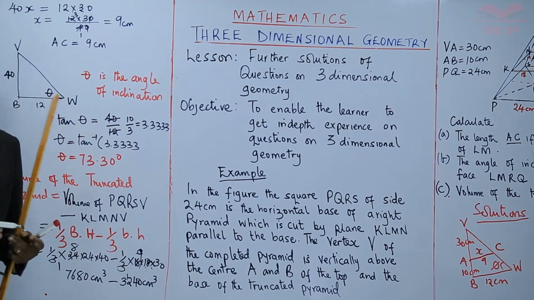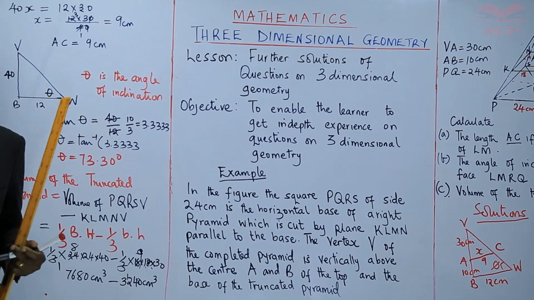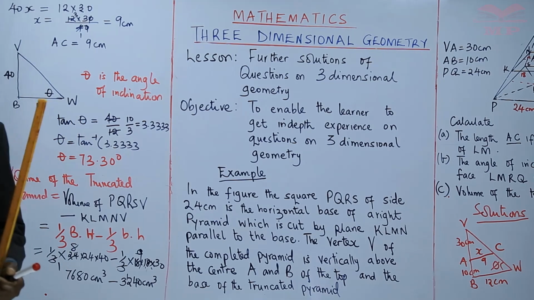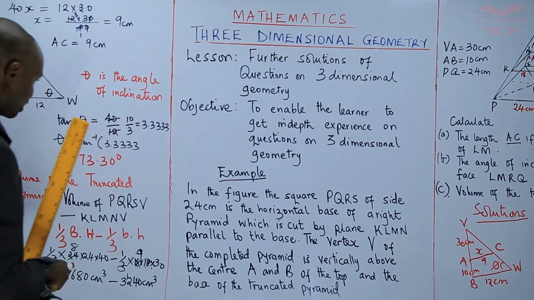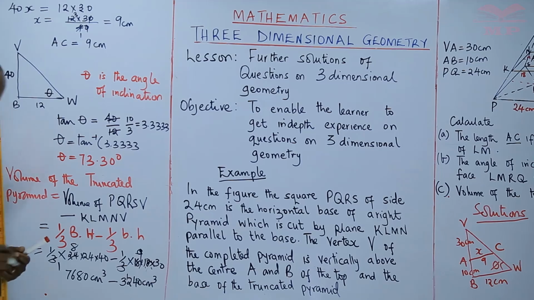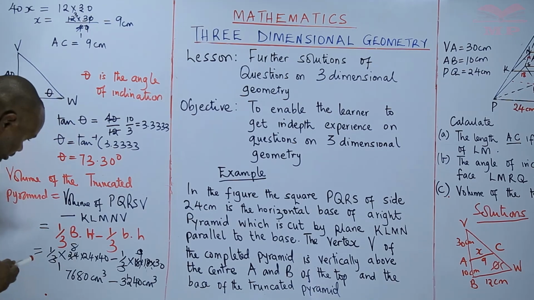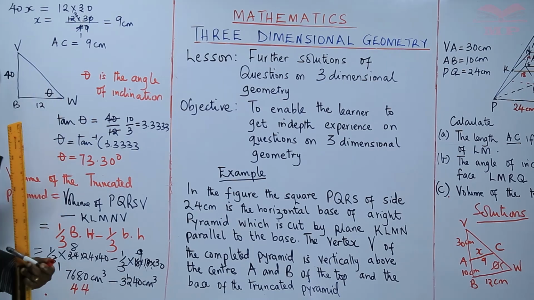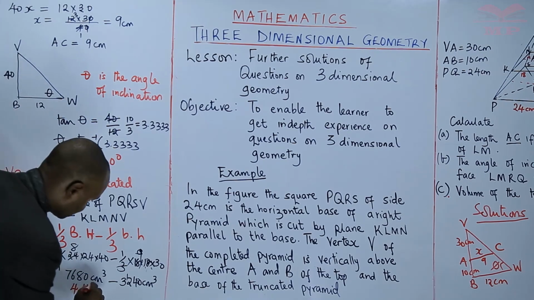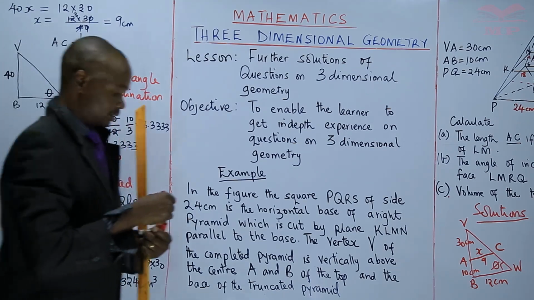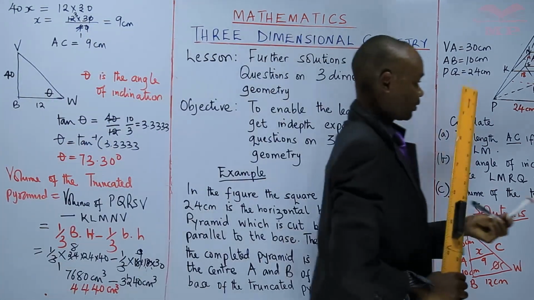So you have to write an answer where it is seen. So the answer works to 4,440 cubic centimeters. That is the answer for our example on the board.